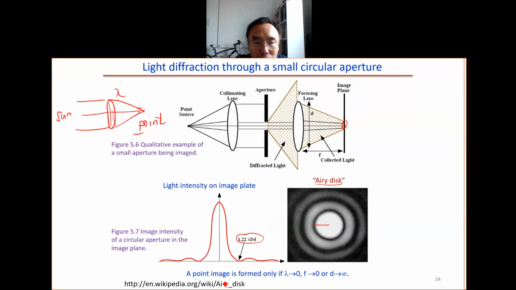You can see we get a perfect point image only if lambda is 0, or f equals 0, or d equals infinity. If the lens is infinitely large, you get a point image. This is the ideal case. It's a point image, like a delta function, infinite only at x equal to 0.